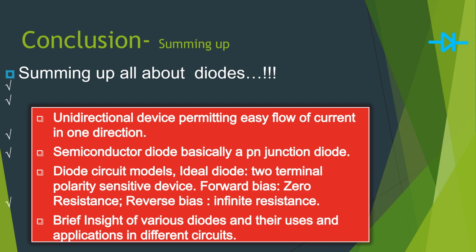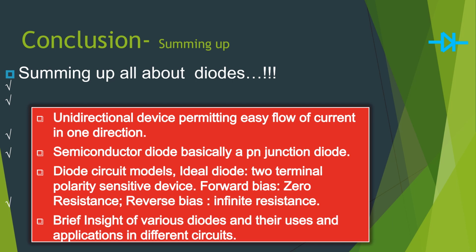Now the summing up of all that I have come to know about diodes in this topic. They are unidirectional devices permitting easy flow of current in one direction. Semiconductor diode, basically a PN junction diode.